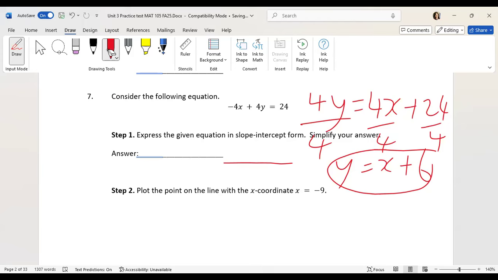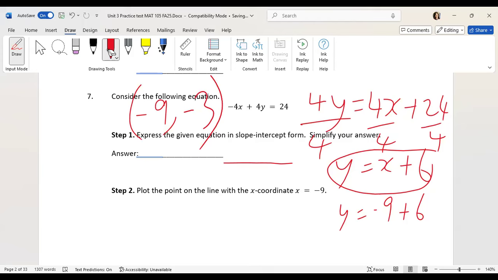If the x coordinate is -9, we can find the y coordinate. So y is equal to -9 plus 6, so the y coordinate is going to be -3. The point is going to be (-9, -3), and so you plot that point. In other words, they give you one point, x equal to -9, and you can find the other point. 2 points make a line, by the way.